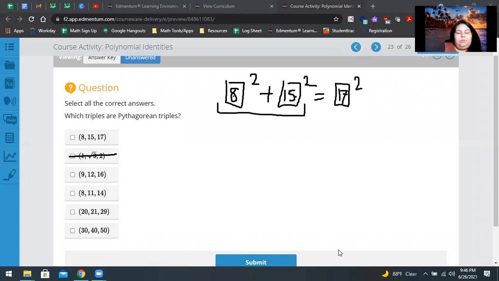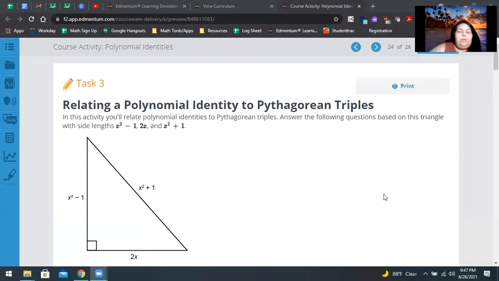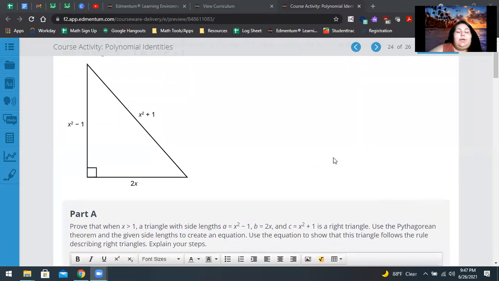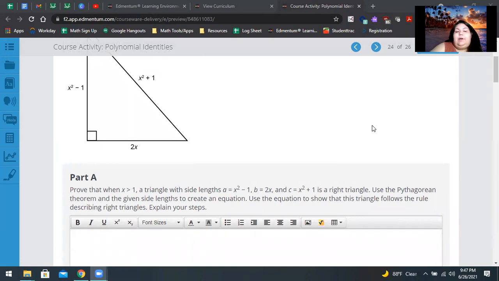Let me read it off. In this activity, you'll relate the polynomial identities to Pythagorean triples. Answer the following questions based on this triangle with the side lengths of x squared minus 1, 2x, x squared plus 1. So there's your right triangle. Now here's part A.